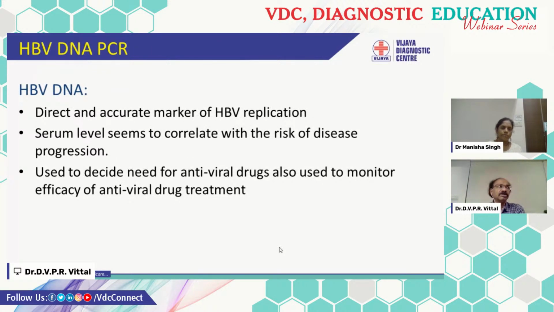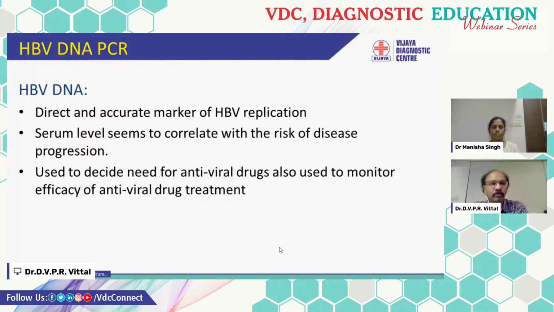Now, the most sure test of hepatitis B is, besides these antigens as well as the antibodies which give acute as well as chronic infections, whether the presence of virus is very sure.